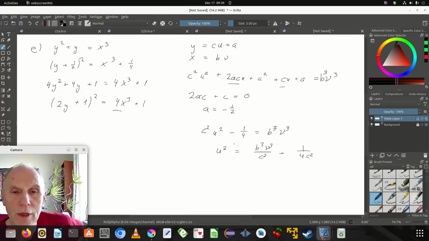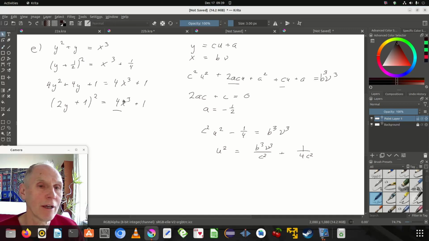Well, here I inserted a equals minus 1/2. Then we get this equation in u and v. And now if c squared equals b to the third, that is actually possible. And if they want to have unity here, that can be done in many ways, of course.